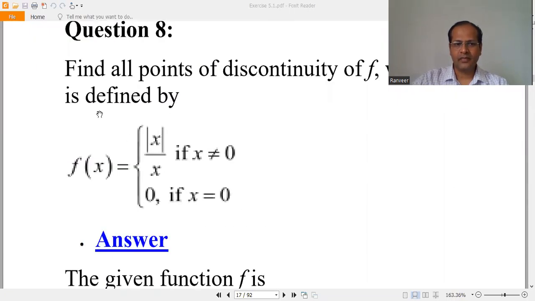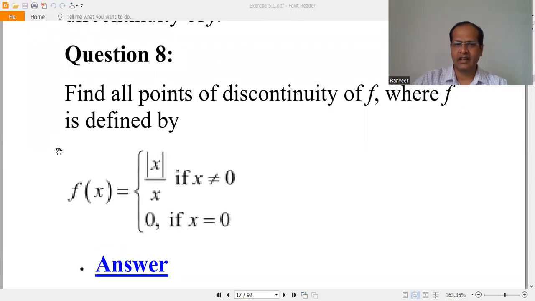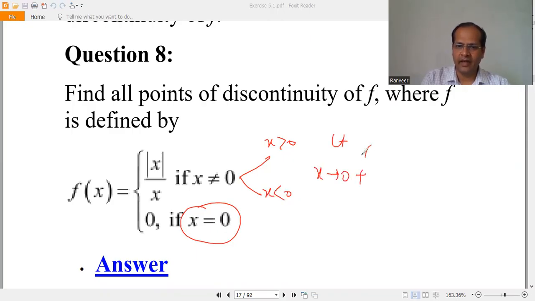Now find all values of discontinuity of, now in this question x is equal to 0. Now x is not equal to 0, there are two possibilities, either greater than 0 or less than 0. So how to find out? Limit x tending to 0 plus f(x). What is the definition of mod x? That is x by x when x is greater than 0.